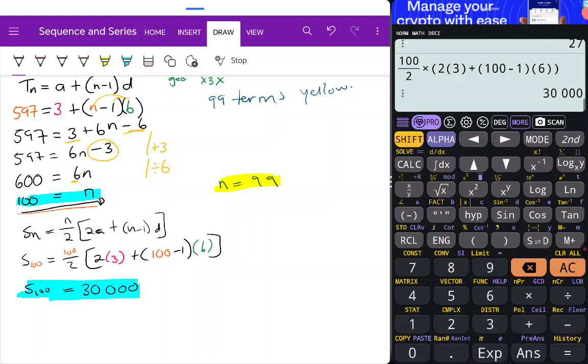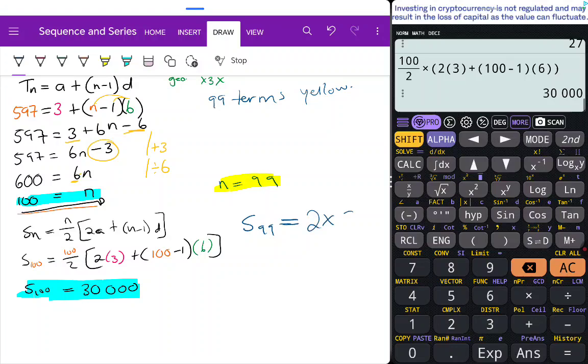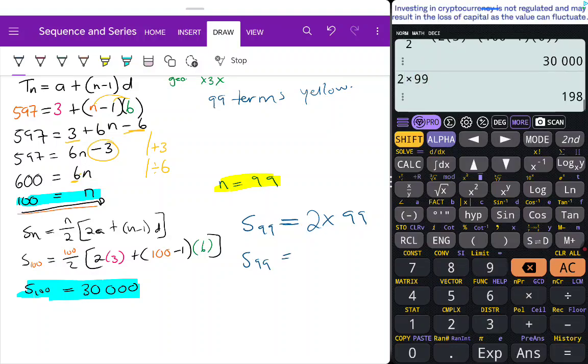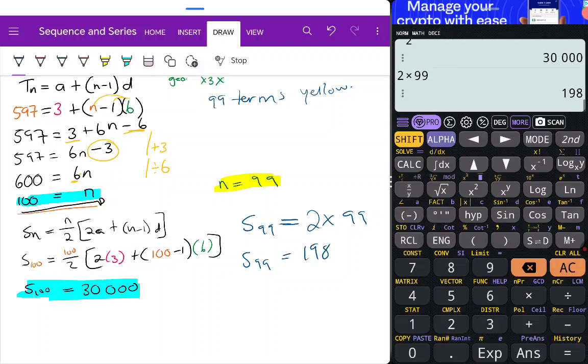Now remember that each term is the same: 2, 2, 2, 2, 2. So it's 2 multiplied by 99. That means S of 99 here is going to be equal to 2 times 99, which is 198. That's the yellow one.